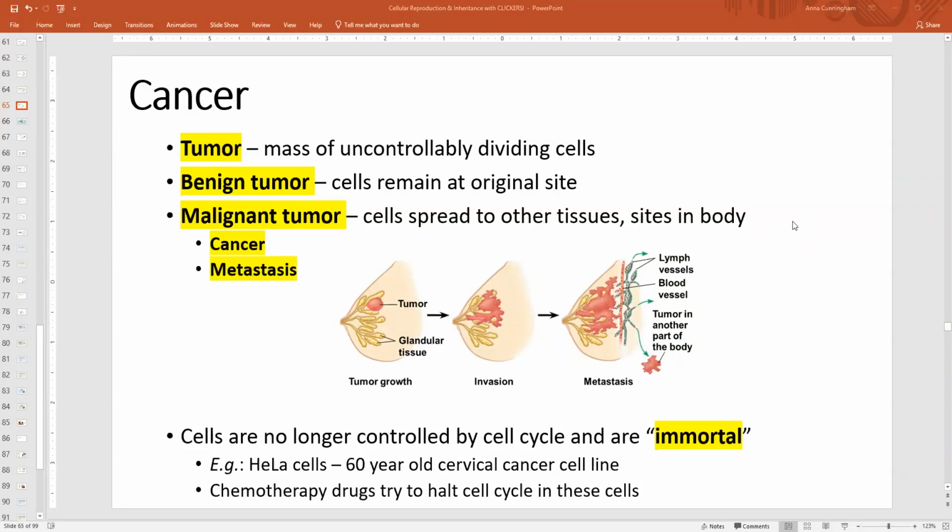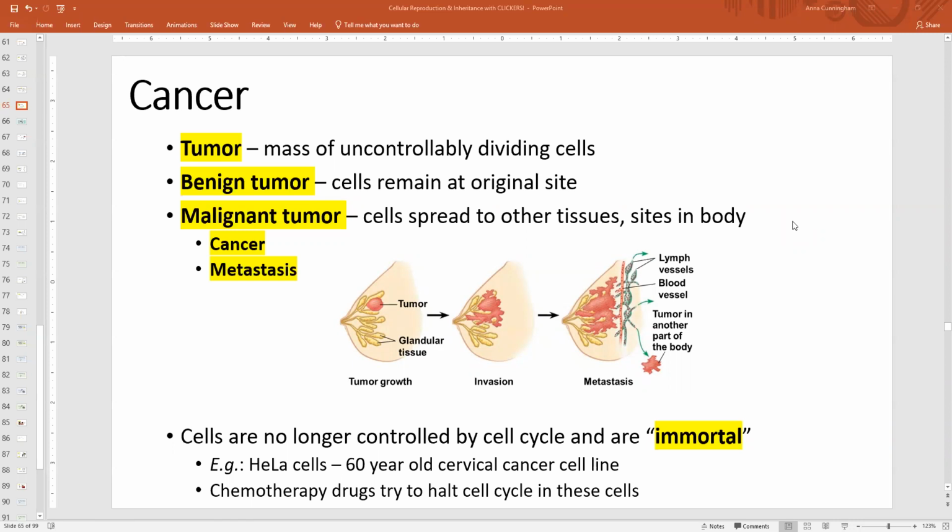Okay, so immortal cells are cells that are not controlled by the cell cycle. They also are not affected by extracellular signals. Another thing I want to talk about is chemotherapy. If a person has cancer or a tumor, they're often put on chemotherapy.